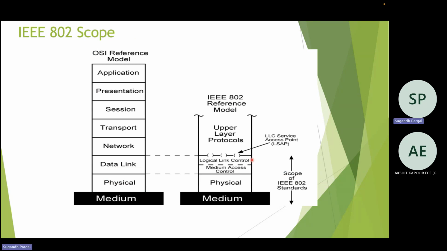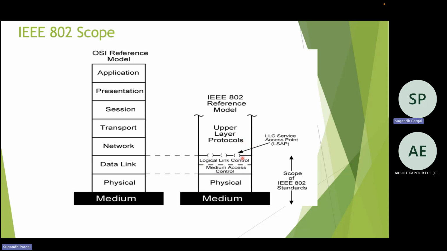So this is the scope of the discussion we have. This is the medium, and we have the physical layer, above which there is a data link layer, which is bifurcated into two parts: logical link control and medium access control. The logical link control has the service access point, which communicates with the upper layer protocol.